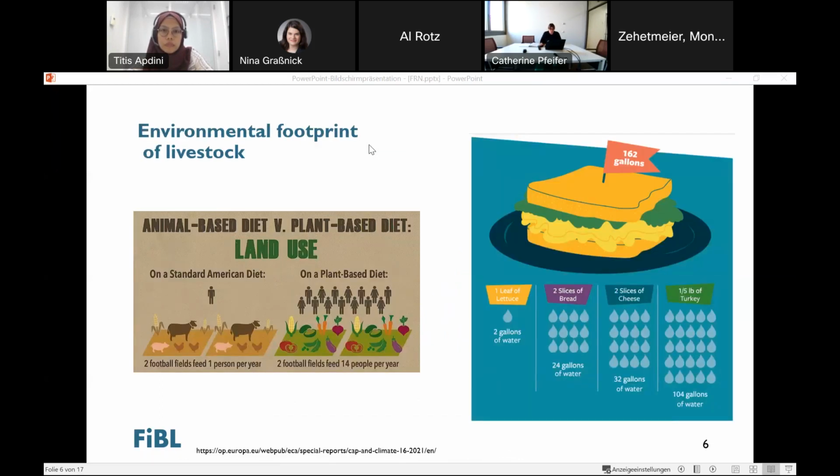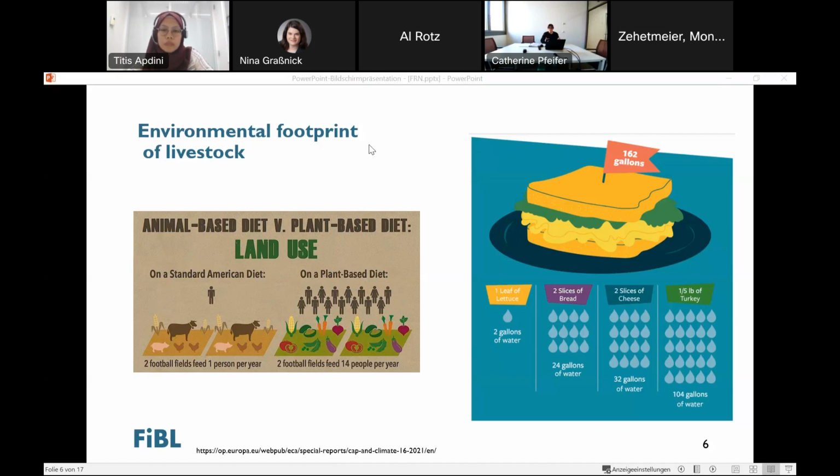Well, it goes further. This eco-efficiency, we use it for many other things too. We use it for land use, and that's one of them on the left. You see, there's the classical narrative that will tell you, well, you can feed one person with 2 fields with livestock, or I don't know how many there are, 14 if you go plant-based.